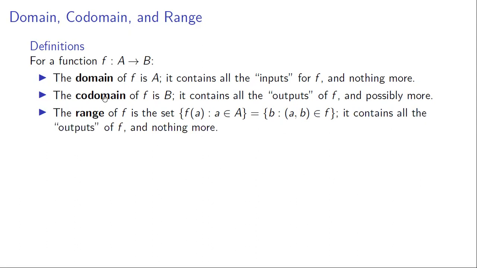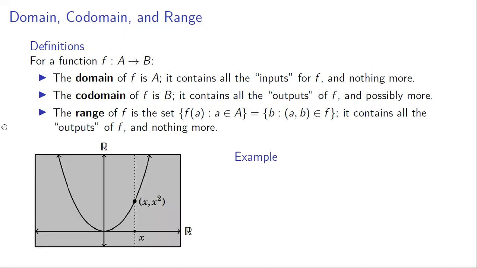So notice the range and codomain are similar ideas, but not exactly. They both have to contain all the outputs of f, but the codomain is allowed to also contain additional items, whereas the range only contains the outputs of f and nothing more. Now let's look at some examples and talk about these definitions.